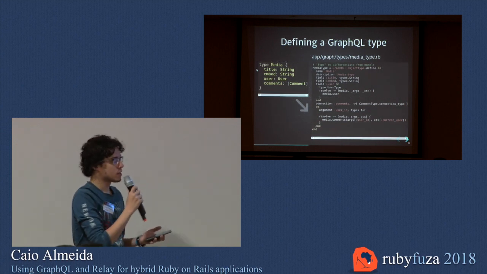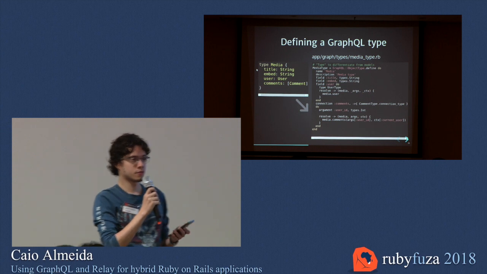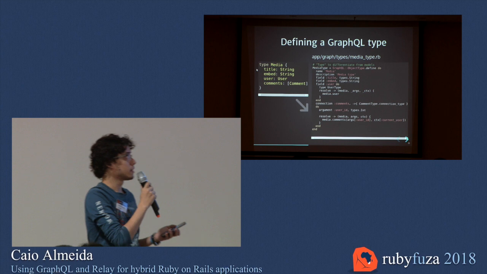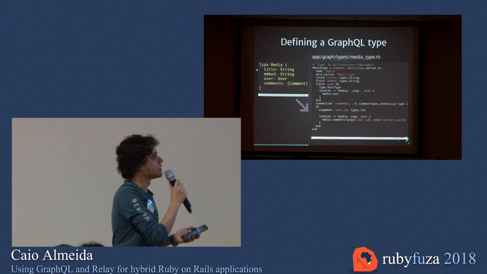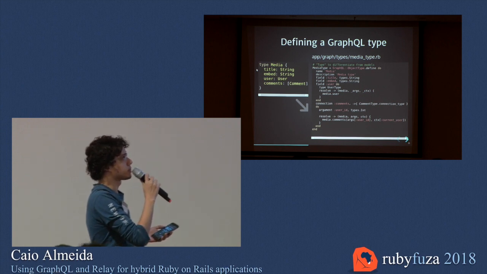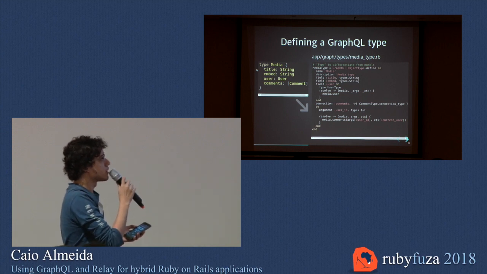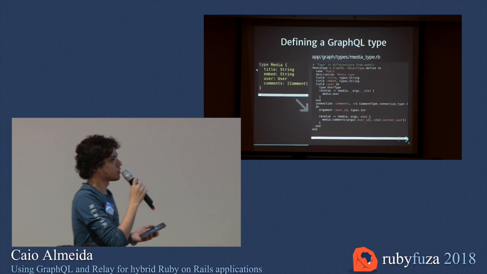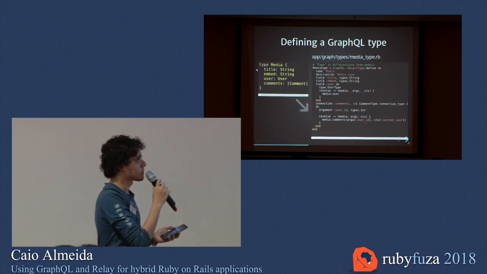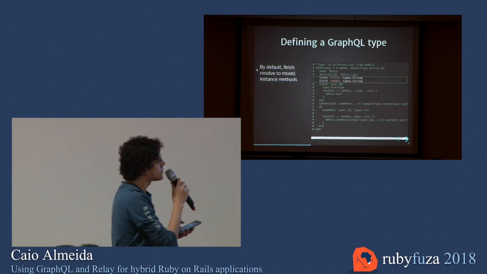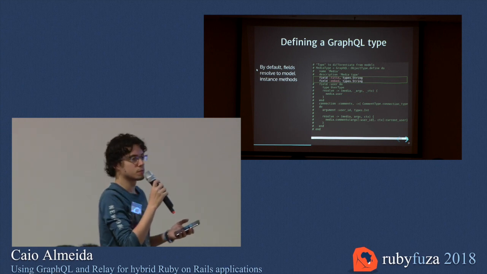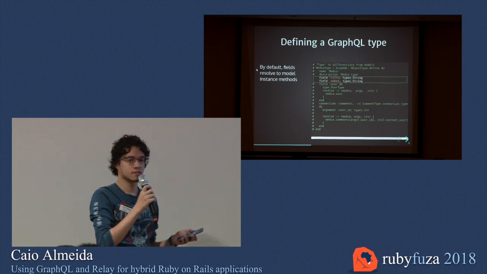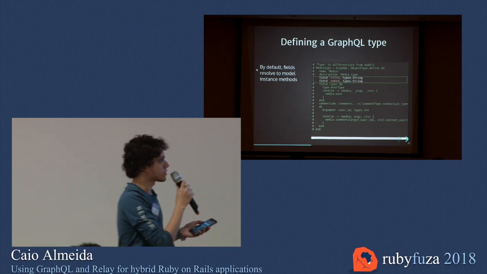When it comes to Rails, how do we define each of the GraphQL types for our existing models? Each type by convention is saved in a different file under app.graph_types. And then we use the GraphQL object type define to define each of the types and each of the fields. By default, you don't need to implement a block for each of the fields. And as we just learned, blocks are evil.